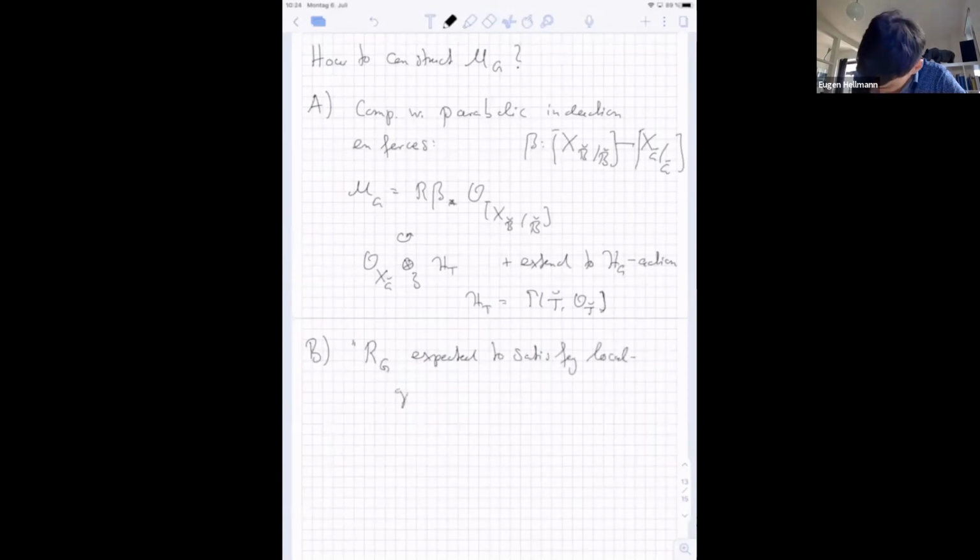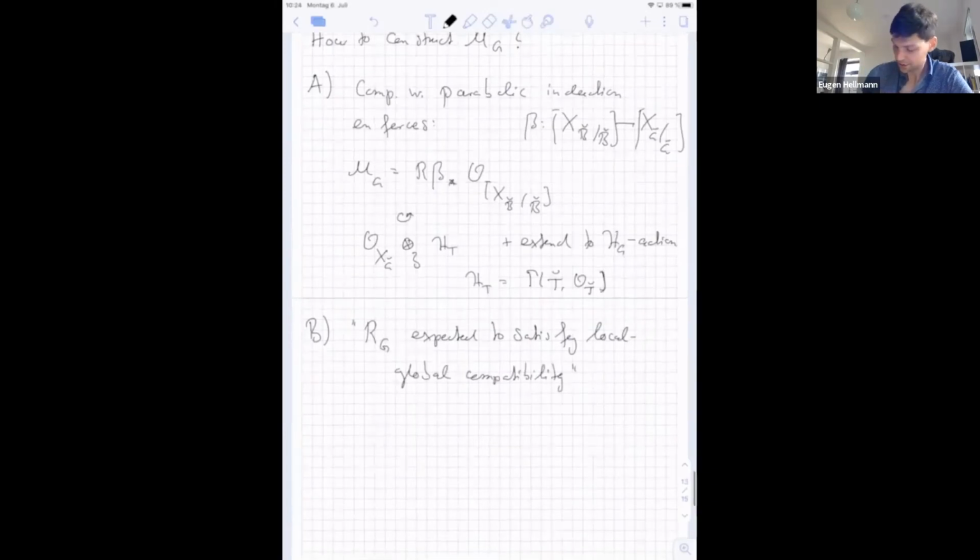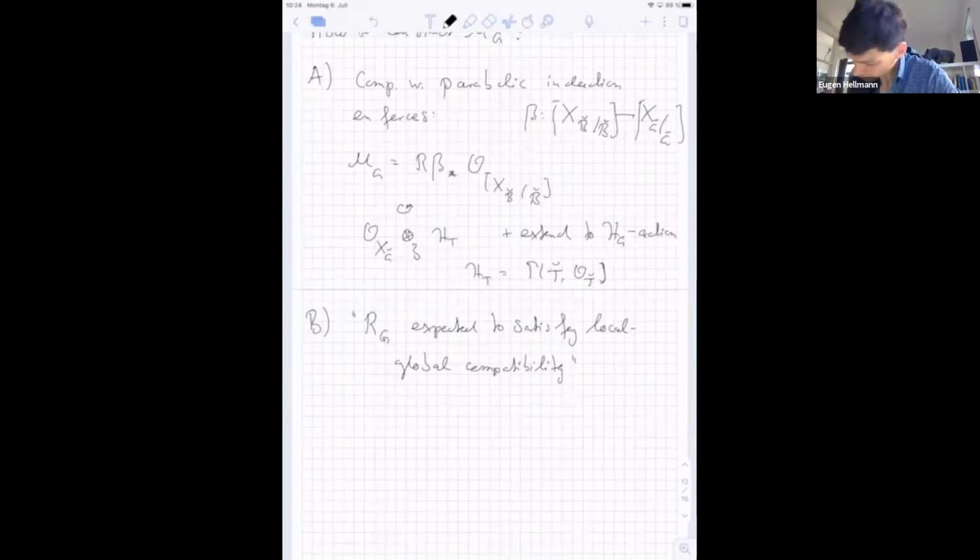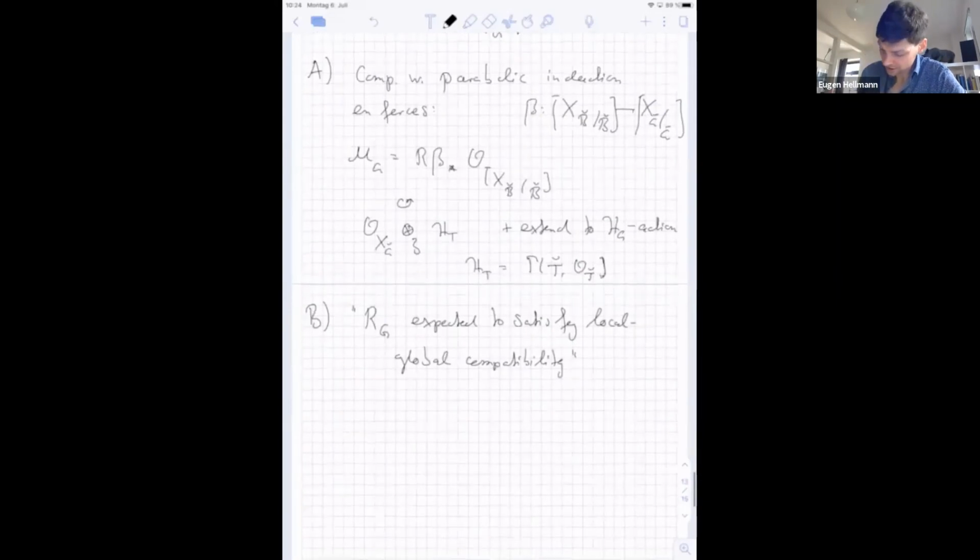And I don't want to spell out what all this means. But this, well, rather sloppy statement implies that you have another candidate for MG.